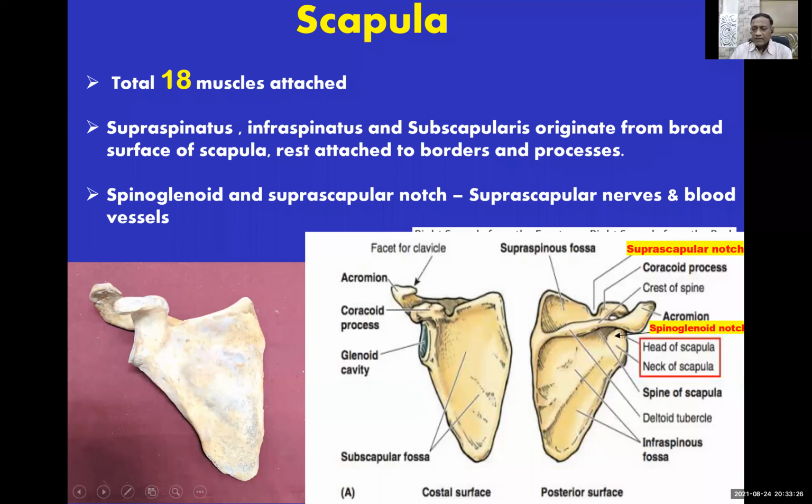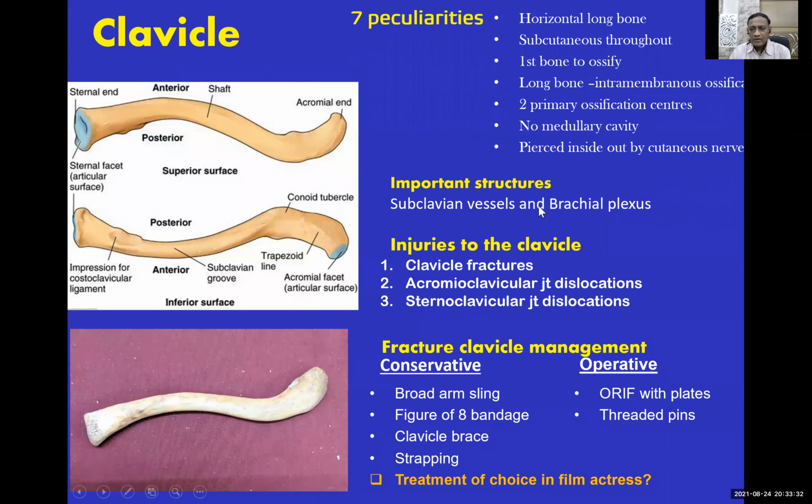In the clavicle, there are 7 articulations of the clavicle. Important structures there are the subclavian vessels and brachial plexus. And they may ask you about fracture clavicle or acromioclavicular joint dislocation or sternoclavicular dislocation. They may ask you different types of management. The examiner is very funny.